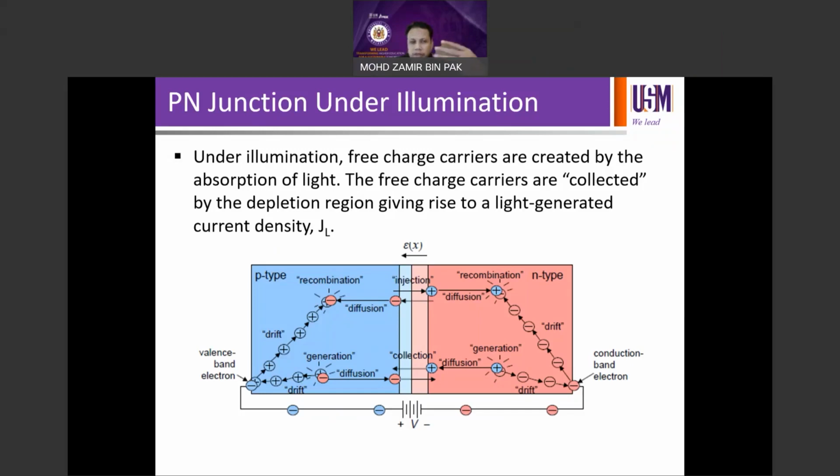The first condition is when the E_ph, the energy of the incident photon, is less than the E_g, the band gap, where the light will not be absorbed and there will not be any generation of charge carriers.